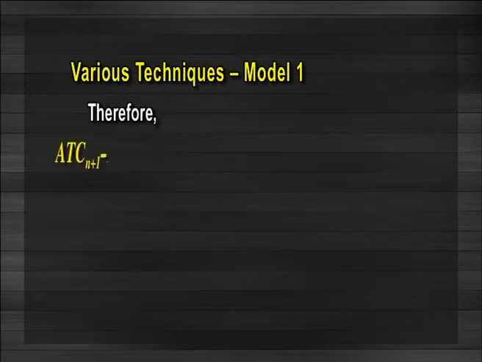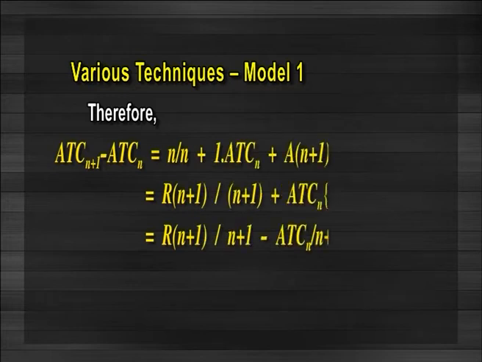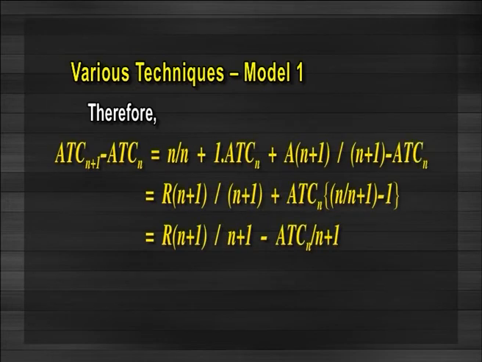Therefore, ATC n plus 1 minus ATC of n is equal to n by n plus 1 into ATC of n plus R of n plus 1 by n plus 1 minus ATC of n, which is equal to R of n plus 1 by n plus 1 plus ATC of n into n by n plus 1 minus 1, which is equal to R of n plus 1 by n plus 1 minus ATC of n by n plus 1.